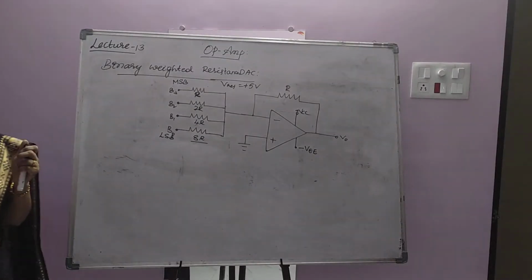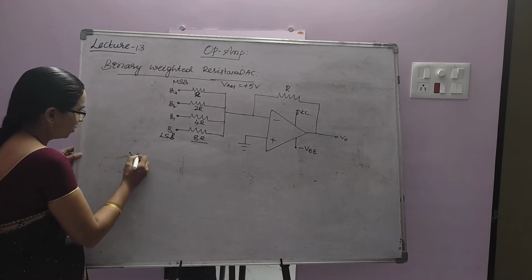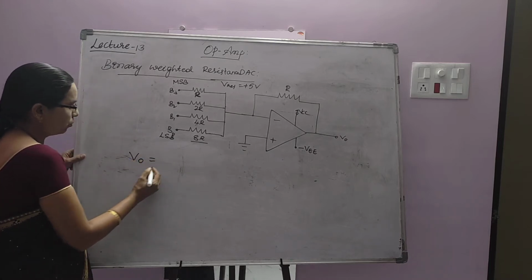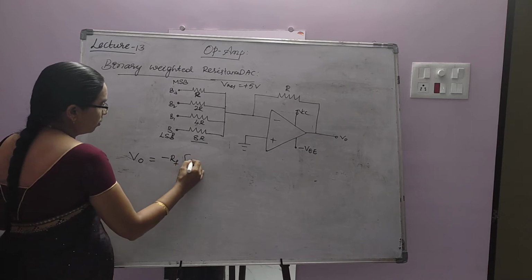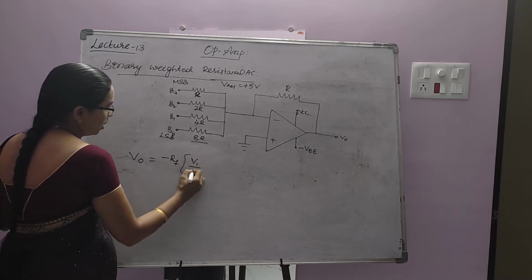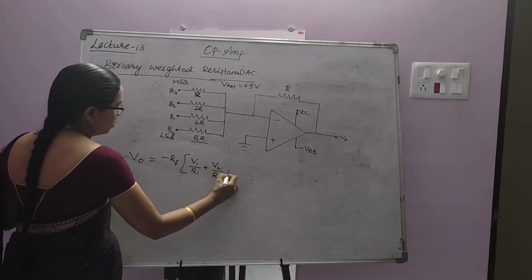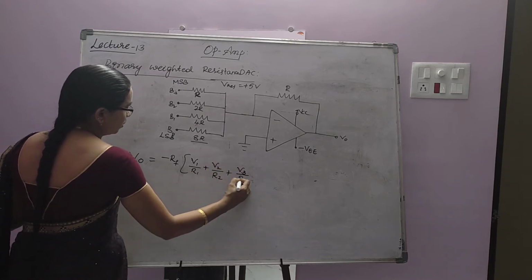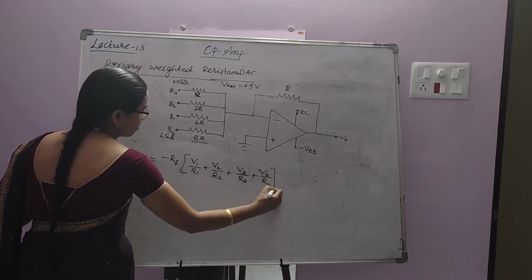So here, the op-amp adder, you know the output of the op-amp adder, that is V0, is equal to minus RF into V1 by R1 plus V2 by R2 plus V3 by R3 plus V4 by R4.